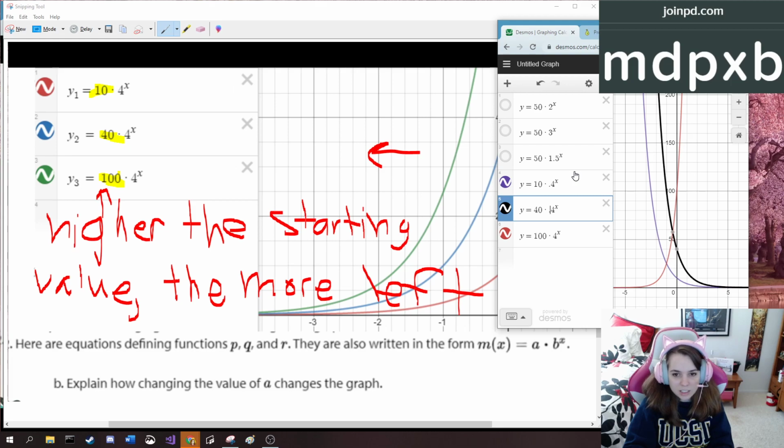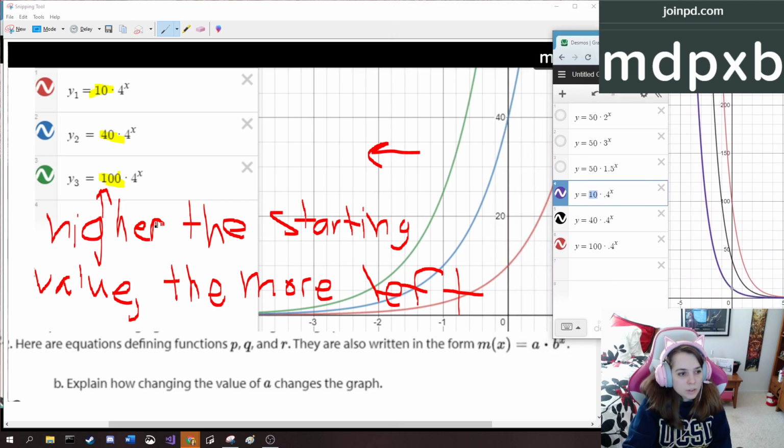So let's change these to decimals. If it was a decimal, the lower the starting value, the more left it's going to be.